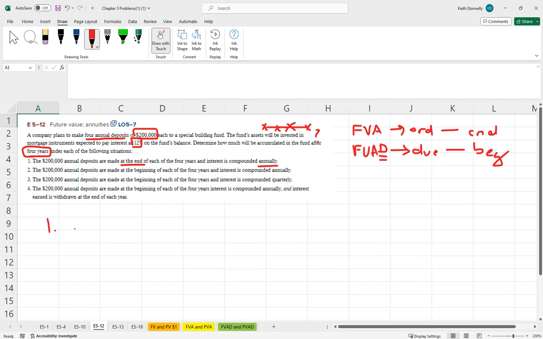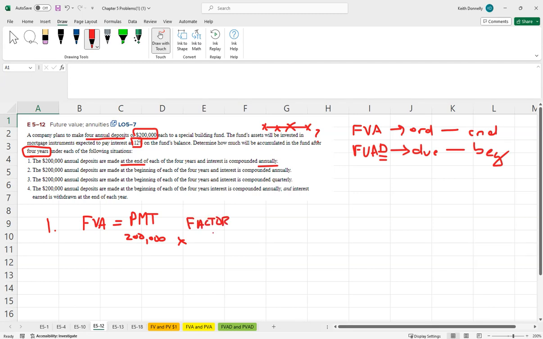Right, so it's going to be the future value of an annuity. It's at the end of the period, so we're going to be using the ordinary annuity table, equals essentially the payment under the annuity, the amount, 200,000, times, in this case, the factor, right?